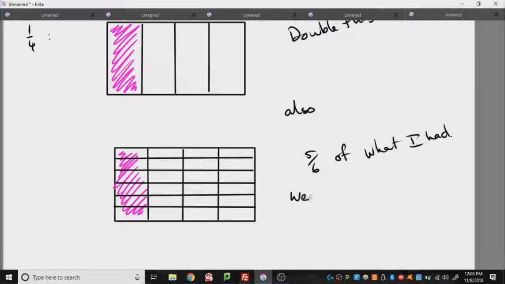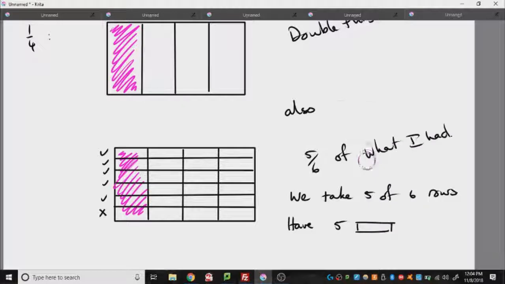And then, no, I hope so, but, and I know everyone's busy drawing, it just doesn't feel right. We take 5 of the 6 rows. So 1, 2, 3, 4, 5, 6. We do not take the 6th one. So that means we have, on top of the above doubling, 5 pink pieces as well.